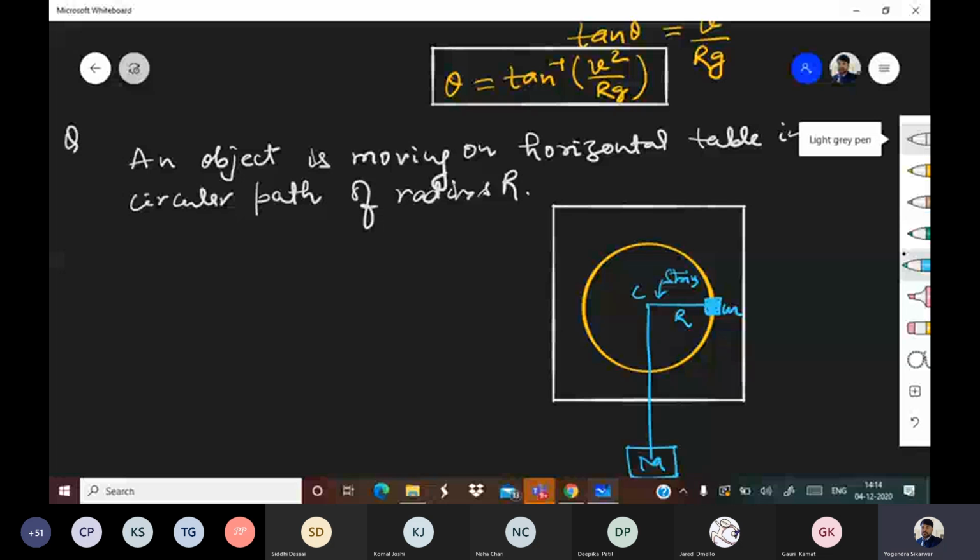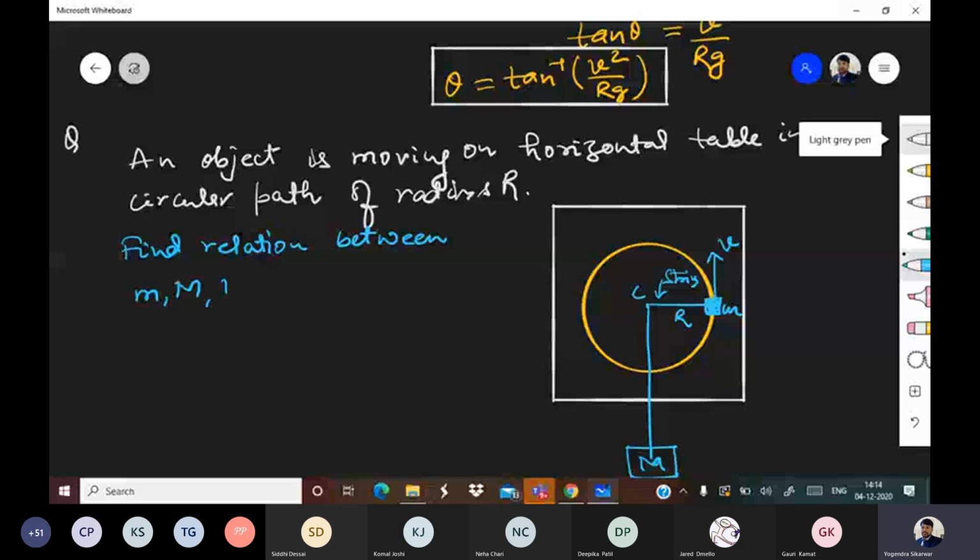So question says find relation between, now this speed is v, find relation between small m, capital M, V and R such that capital M remains stationary.